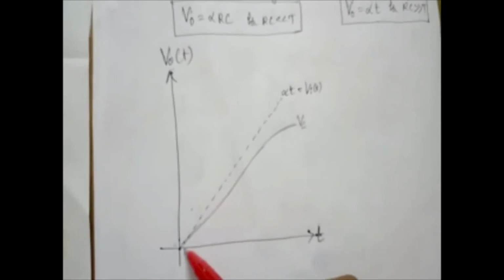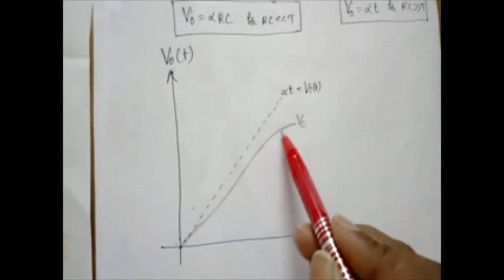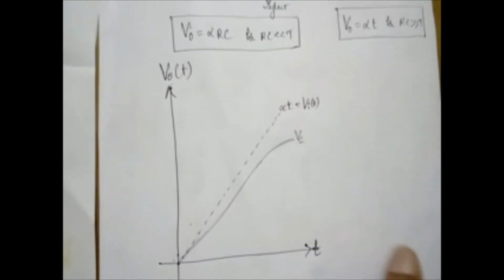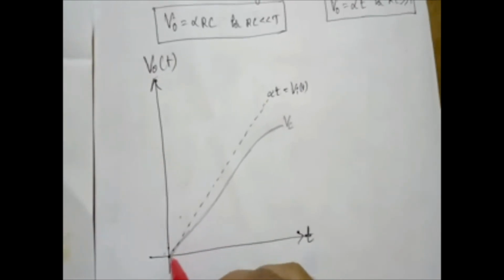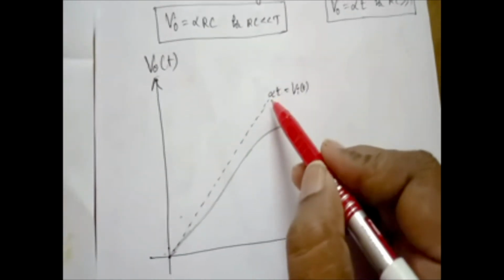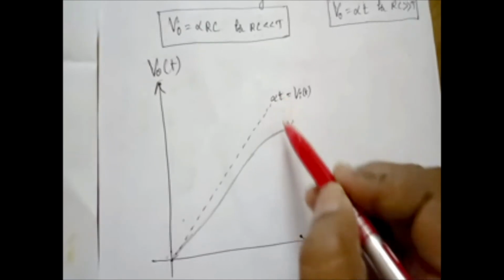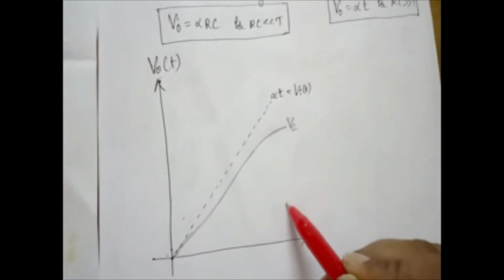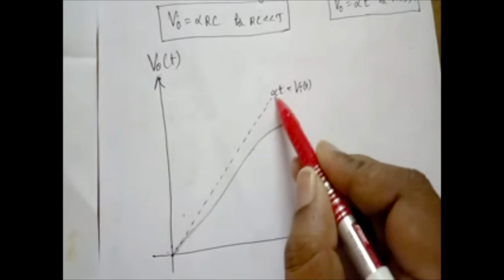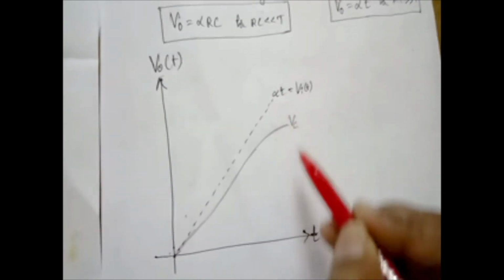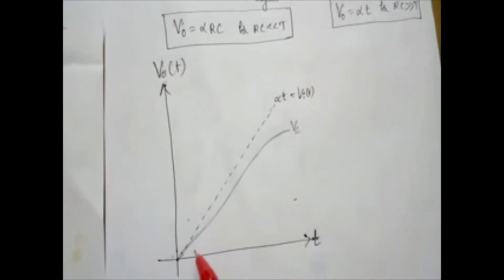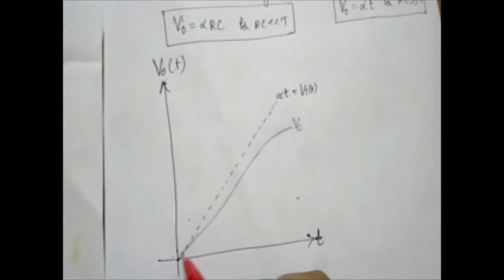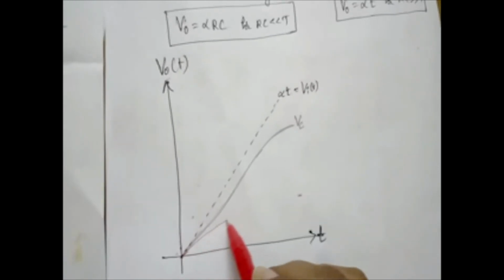If the capacitor is charging more, then according to KVL, the voltage across the resistance becomes low. Therefore, the output voltage is low. Initially it starts here, but at the final value, alpha T minus Vc is very small. So this is Vi and this is Vc, Vi minus Vc, and we get the waveform like this.